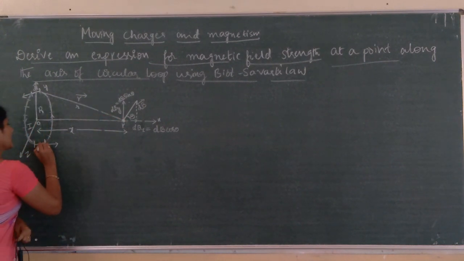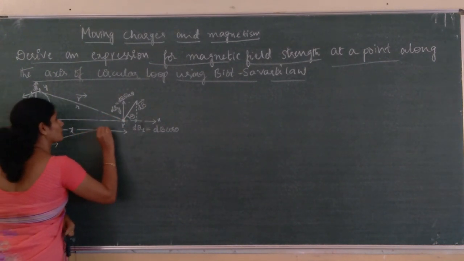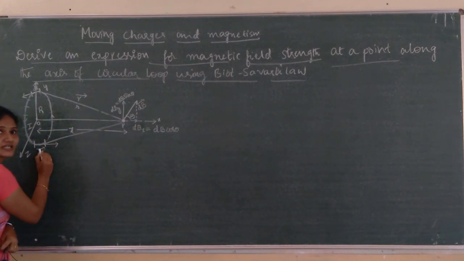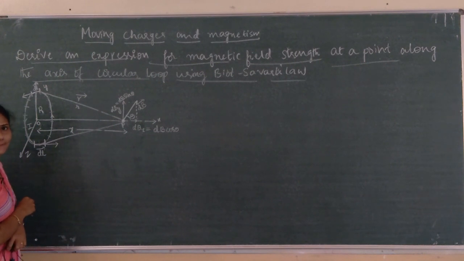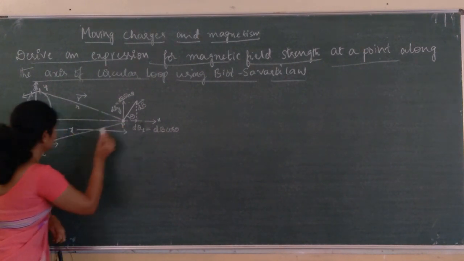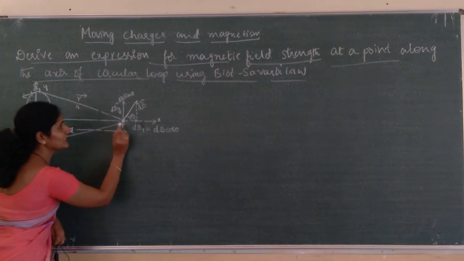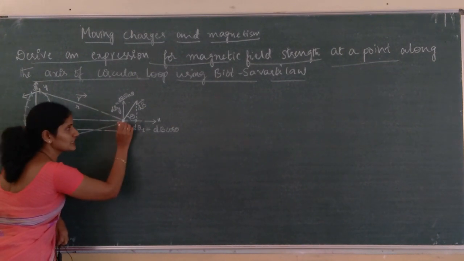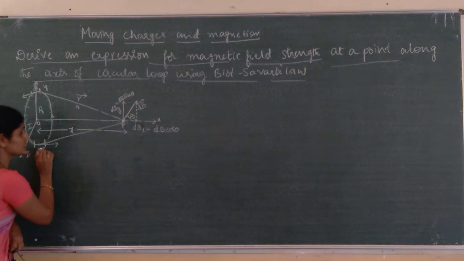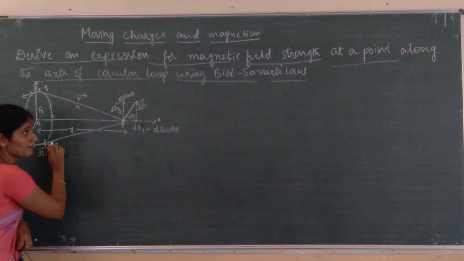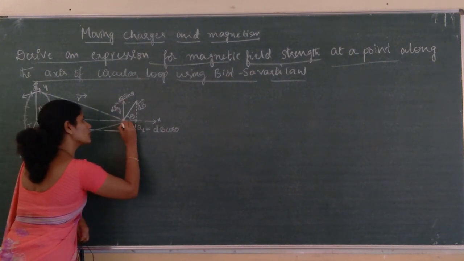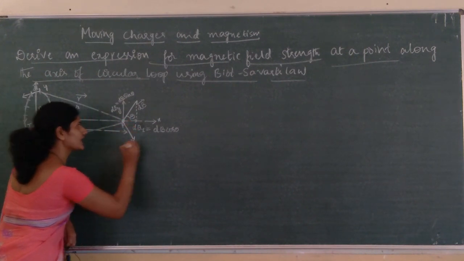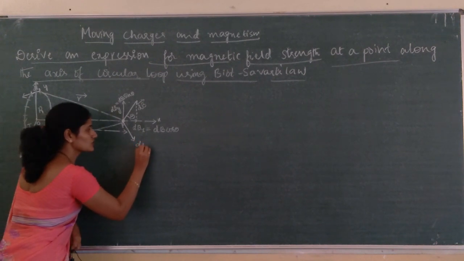For that, I have to draw one line, or position vector, from this line element to the point P, right. So again, the direction of magnetic field at this point P is perpendicular to the plane containing r and dl. So perpendicular to this one, that is the direction of the magnetic field. So this is the dB vector.